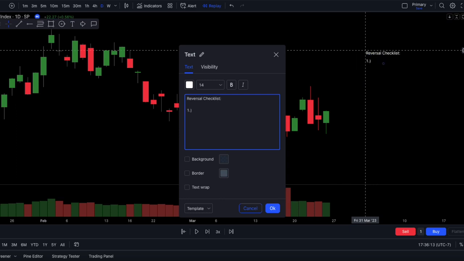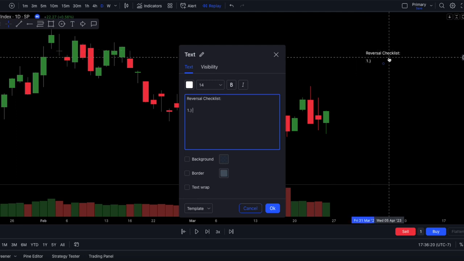Number one, most important criteria on the checklist is it has to be at a key level. Now, what do I mean by a key level?